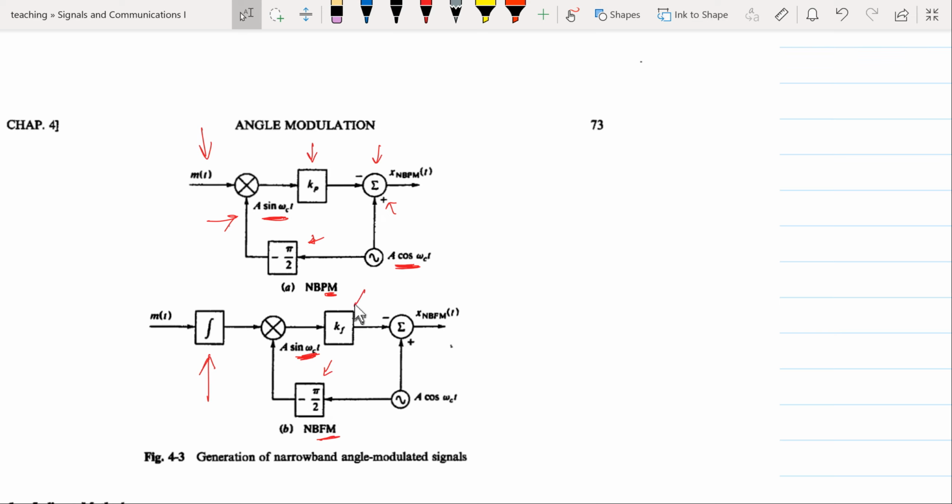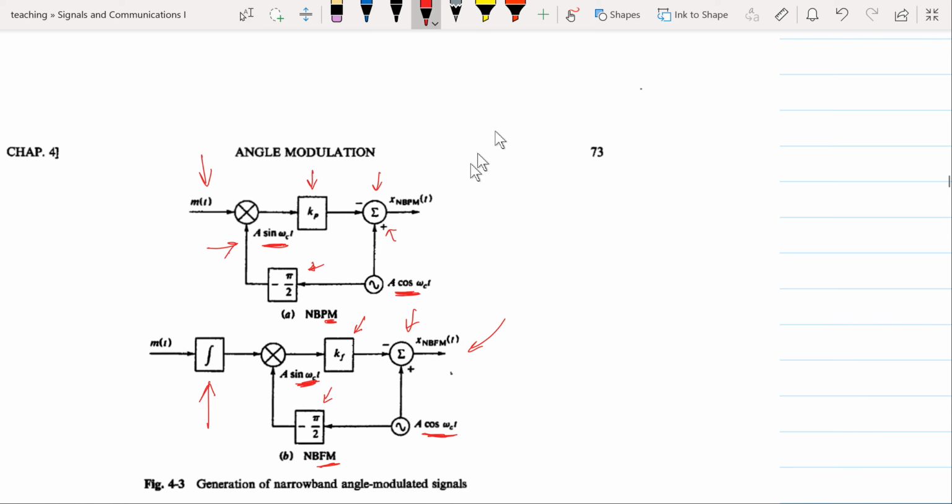When you now multiply with your frequency deviation constant and then sum them, one subtracted and the other added with the local carrier that is unmodulated, this gives you a straightforward narrowband frequency modulated signal. So these two approaches allow us to straightforwardly generate narrowband phase modulated and narrowband frequency modulated signals.